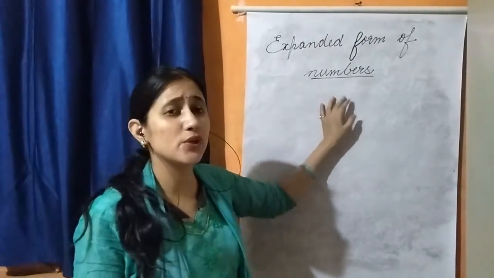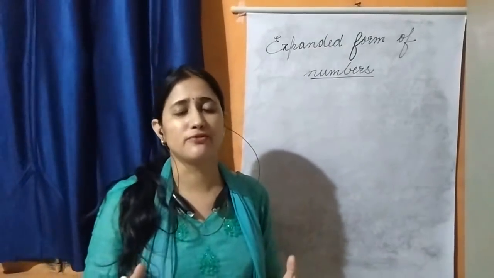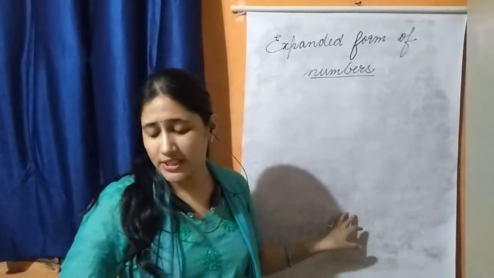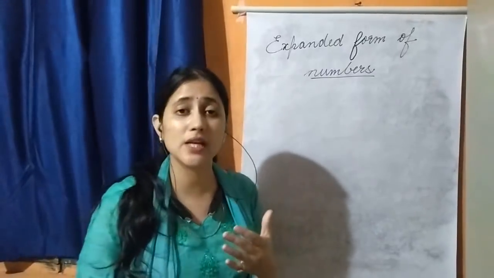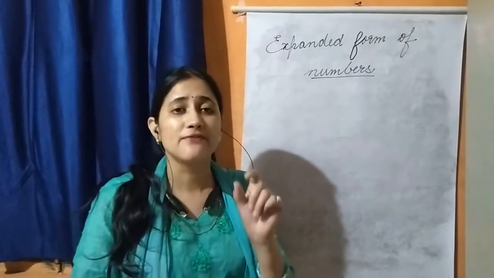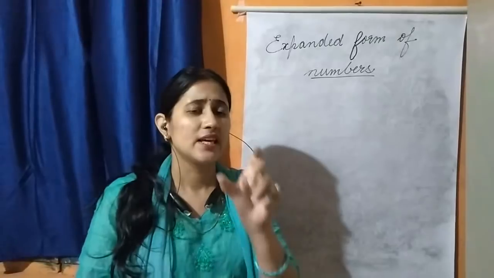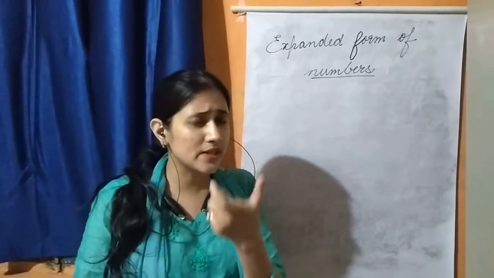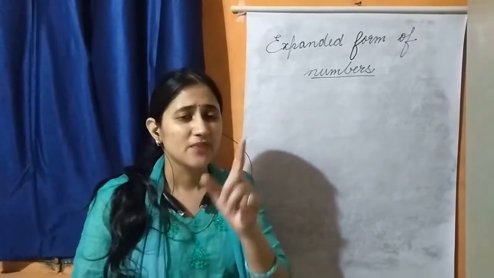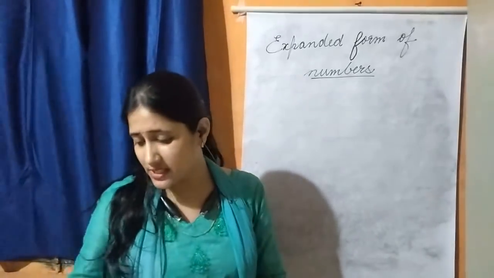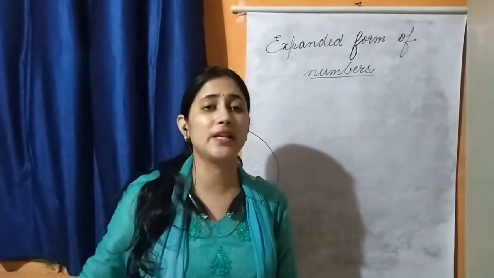Okay children, what do you mean by expanded form of numbers? In your book, the definition is given as the expanded form of a number helps us to understand the value of each digit in a number. If you have your book right now, this definition is given on page number 21 on the top.